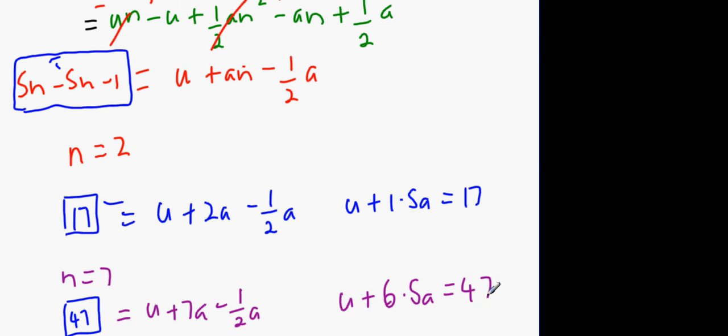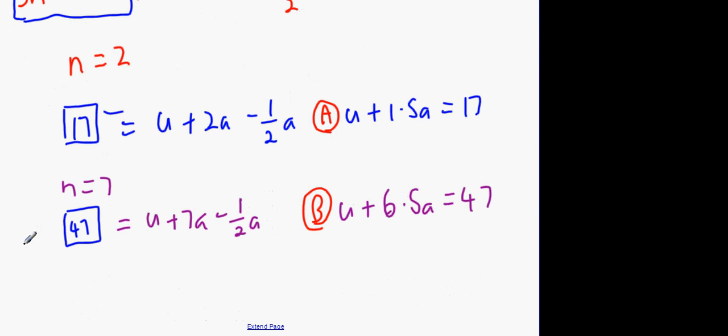Now, what we have here is a simultaneous equation, a and u. For the purposes of saving time, I'm not going to solve that simultaneous equation. I assume you can handle it. Okay? Is that alright? When you do your simultaneous equation, you're going to get a equals 6 and u equals 8.